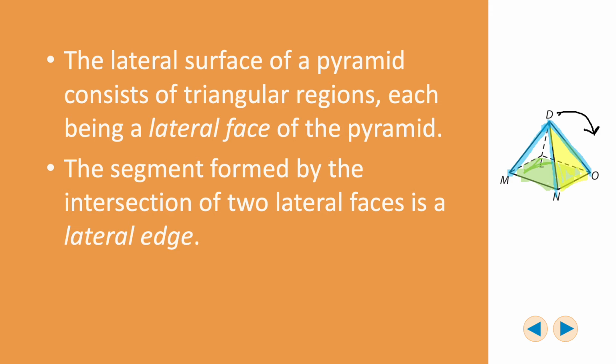One of the lateral edges that we have is called DM, and it is a segment, so I'm going to put the segment on top. What's the name of another lateral edge? DN would be another one. There are technically two more, but the last one that I've highlighted is segment DO, or OD.